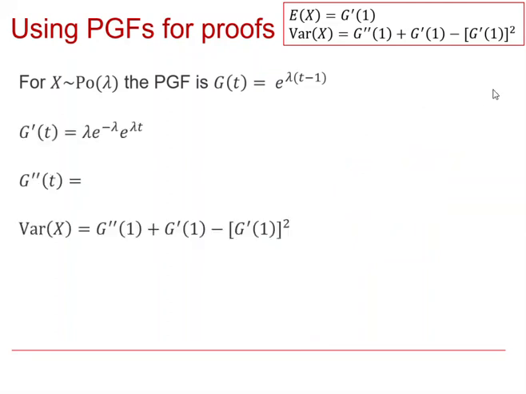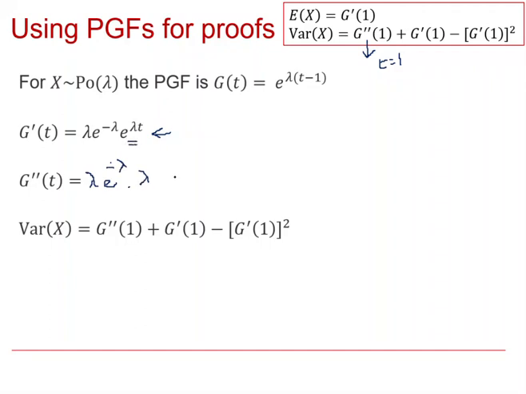In order to find an expression for the variance for the general Poisson distribution, we are going to need to differentiate a second time and substitute t equals 1 and use this formula here. So going from the expression we had for the first derivative on the previous slide, if we differentiate that again, these constant terms will remain the same.